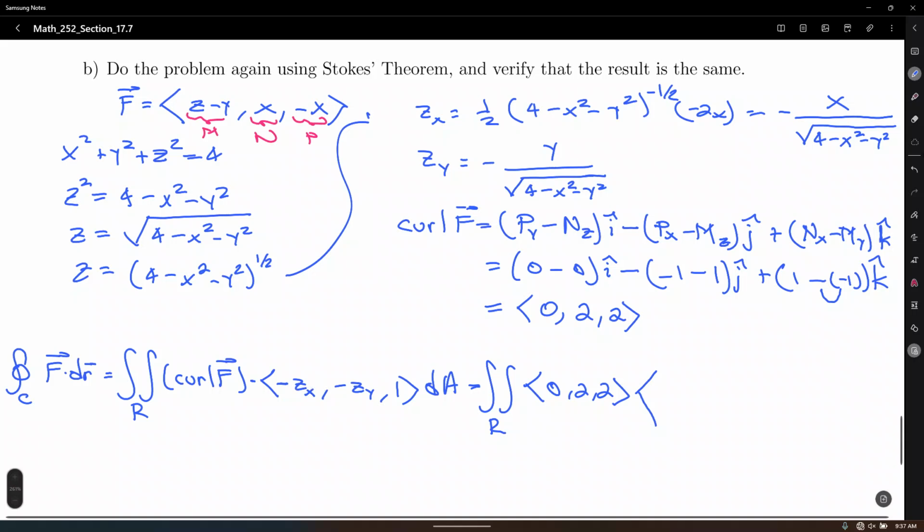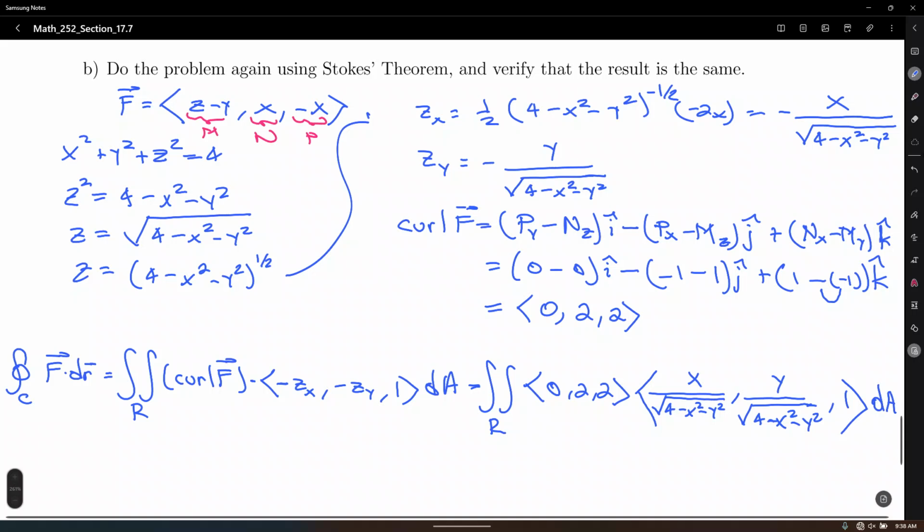Those negatives cancel out and become positive. So that is x over the square root of 4 minus x squared minus y squared, comma, y over the square root of 4 minus x squared minus y squared, comma, 1, dA.